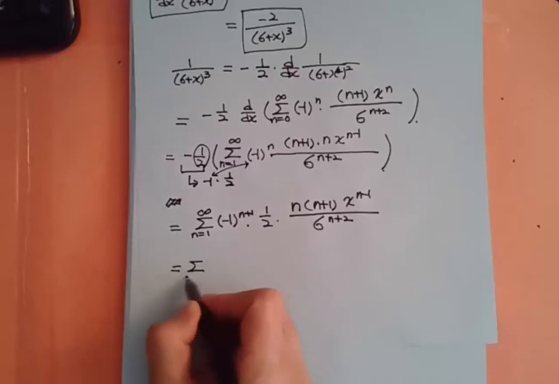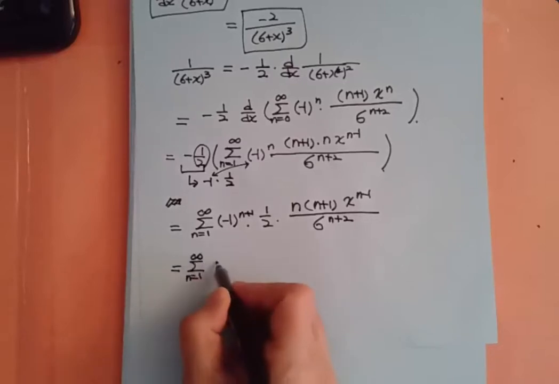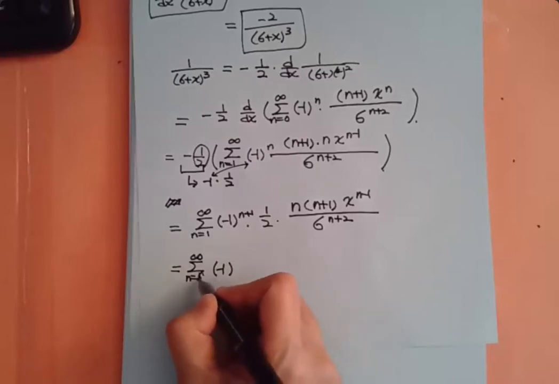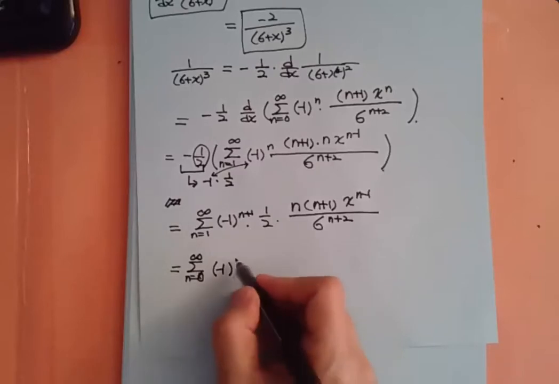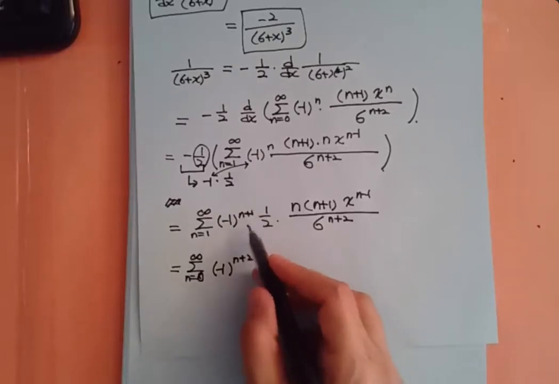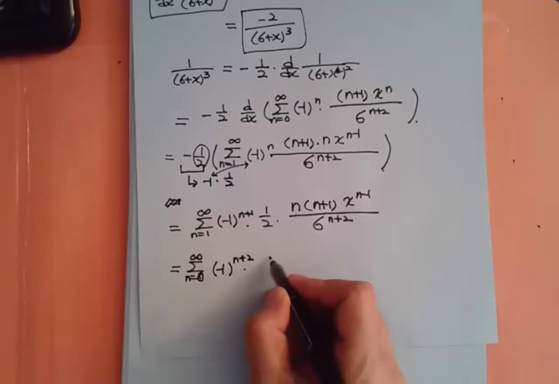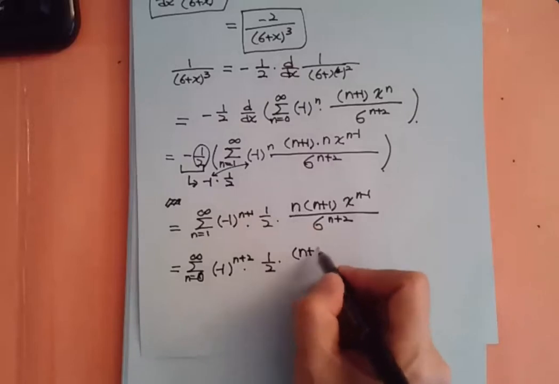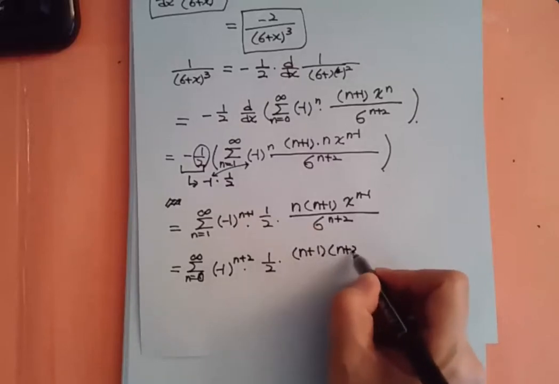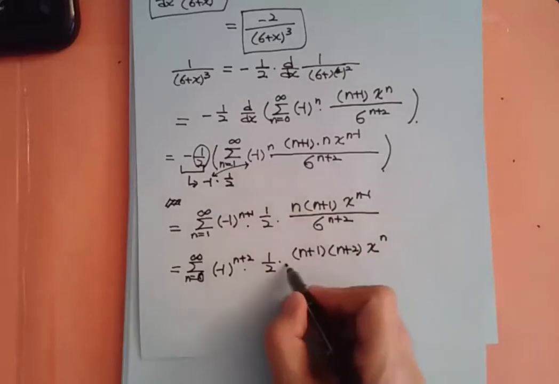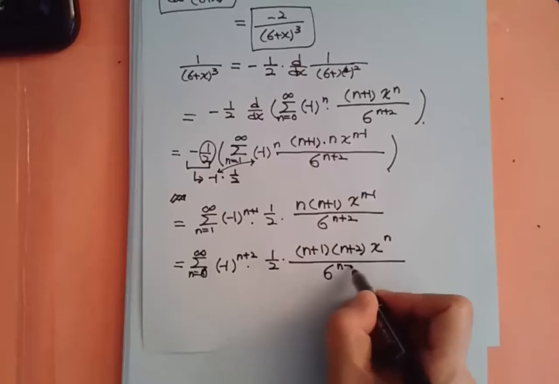So that equals n equals 1 to infinity, -1. We want to start it from 0. So we raise the power by 1. So n plus 1 becomes n plus 2. 1 over 2 times, instead of n, we write n plus 1, and then n plus 2. x to the n minus 1 plus 1 will make n, and 6 to the n plus 3 power.